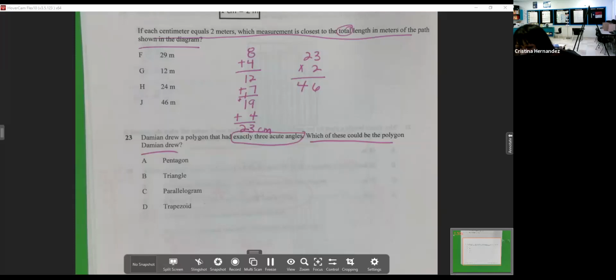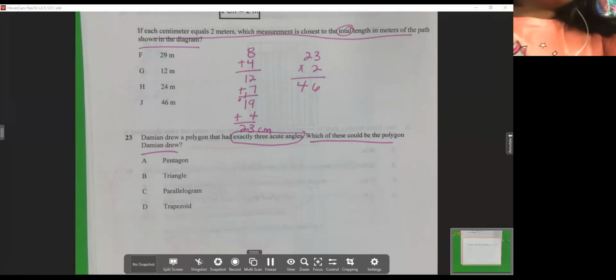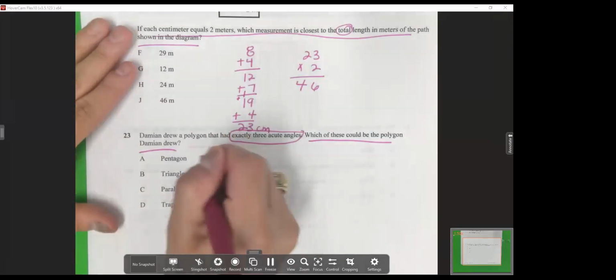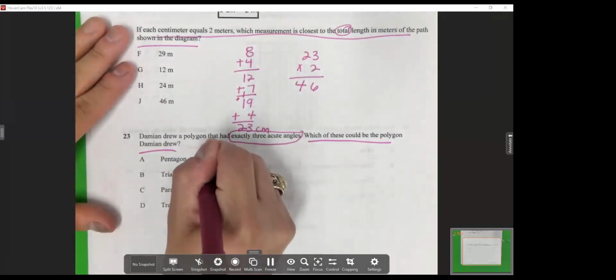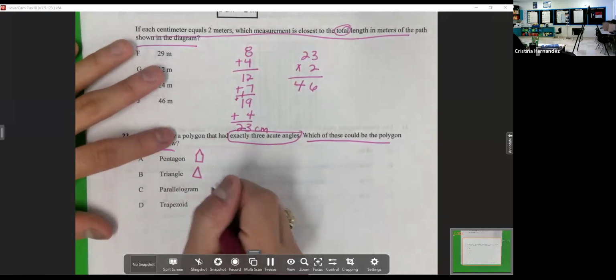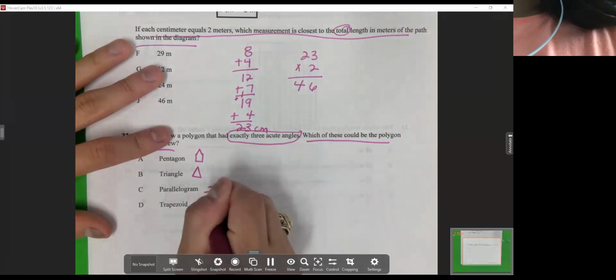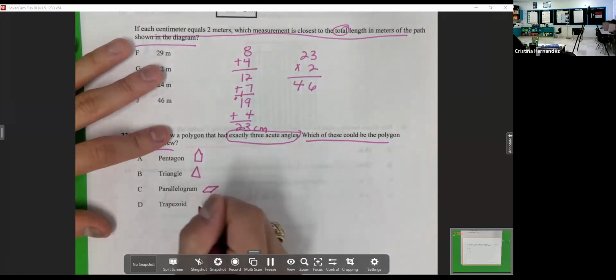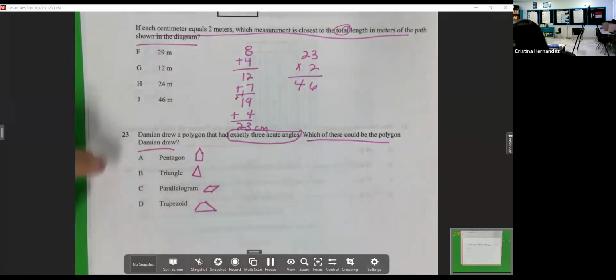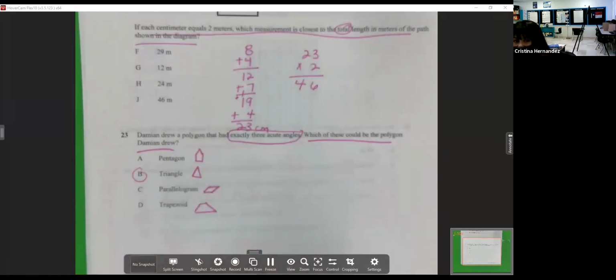Who thinks they know? Triangle. A triangle. Because if you drew a triangle, a parallelogram looks like this, a triangle looks like this. Oh, not a pentagon. Sorry, that's a pentagon. A parallelogram looks like this, and then a trapezoid looks like this. And they all have 4 angles or more. So that's all you needed to know there.